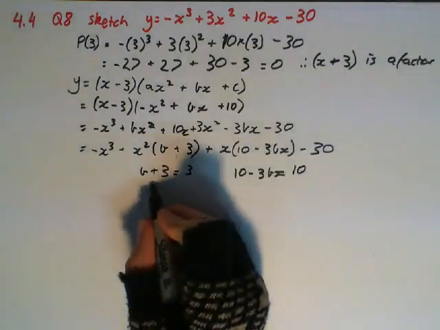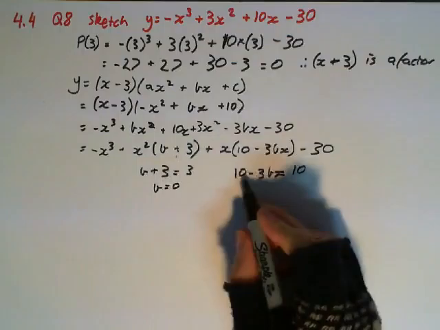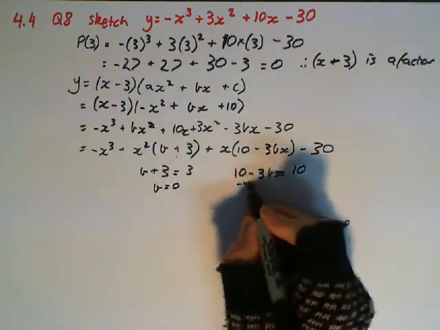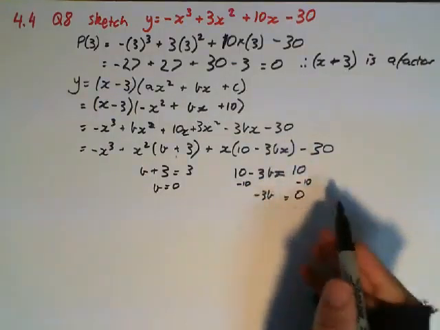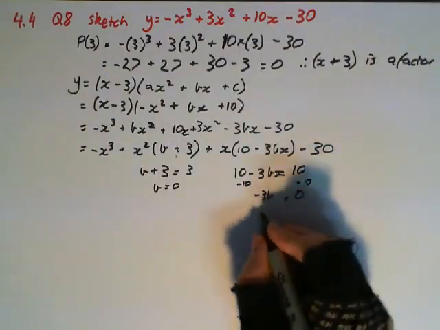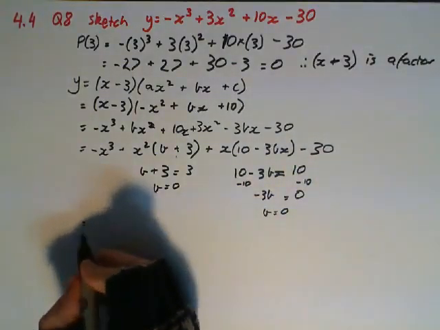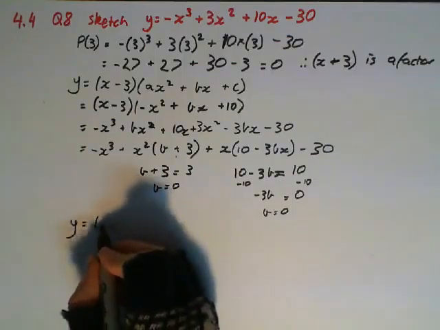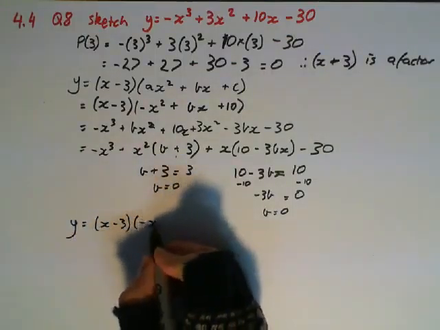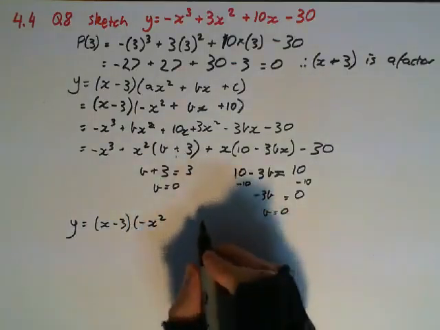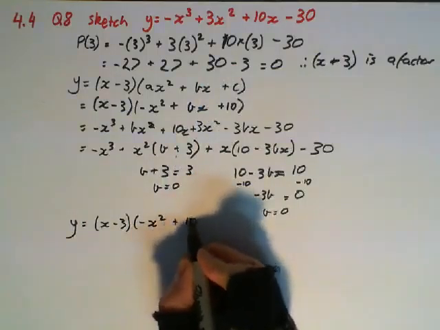So now we can say we'll take 3 on both sides, b equals 0 there, and if we take 10 on this side first, we'll get the same answer. 3b equals 0, divide by 3, we get b equal 0. Okay, that's handy, makes it simple, because we'll have x take 3 from our first factor, our a is minus x squared, b is 0, so we don't have to worry about that, and our c is plus 10 now.